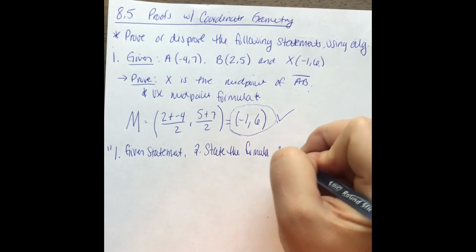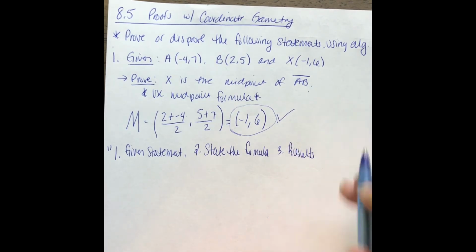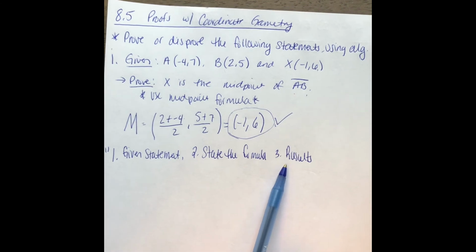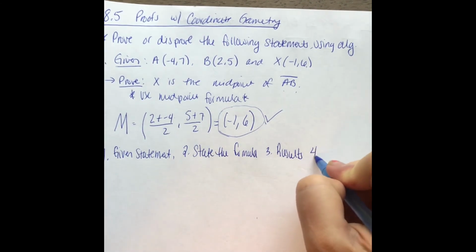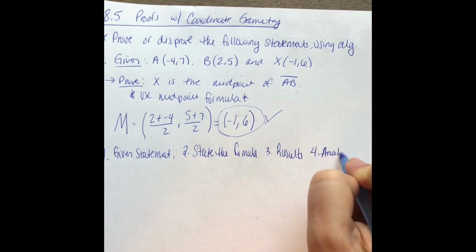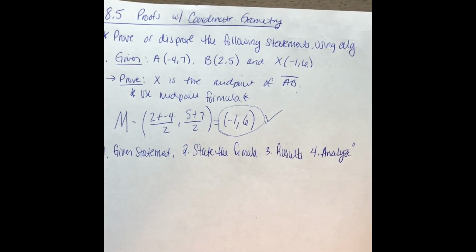We're going to state what our results are. So based on this formula, what did we find to be true? We found out the midpoint to be (-1, 6). And then last but not least, you're going to analyze. You're going to use this like an outline to write all of your proofs.